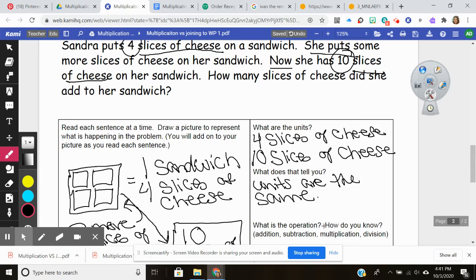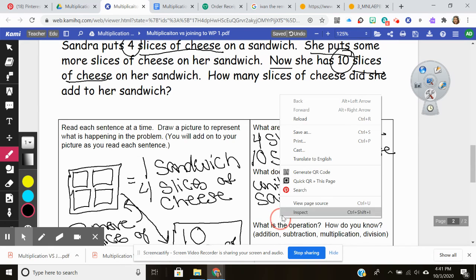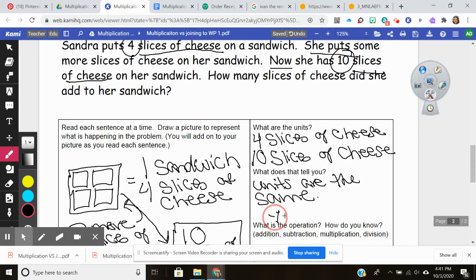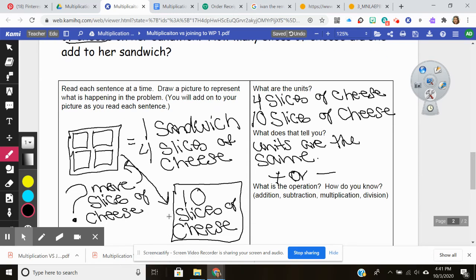That tells me either I'm going to add or I'm going to subtract. But if I look down here at my problem, it looks like she added more slices of cheese to that same sandwich. And that way she ended up with the same slices of cheese.